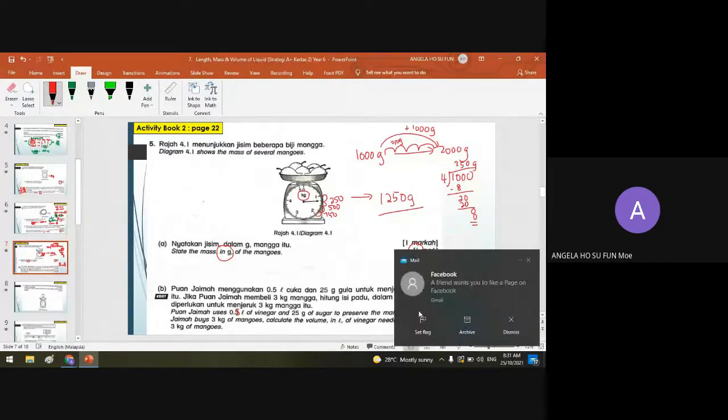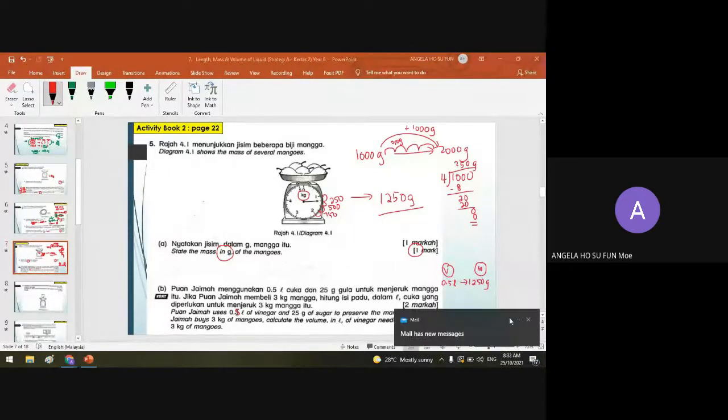Right, now they are asking how much vinegar you need to use to preserve 3 kg of mango. 3 kilogram equals, convert it into gram, 3,000 gram. If it is 3,000 gram, how much vinegar do I need to use?